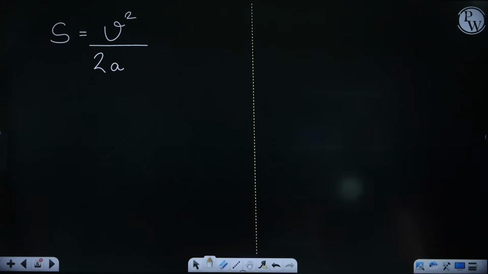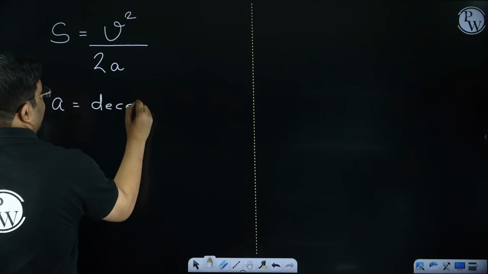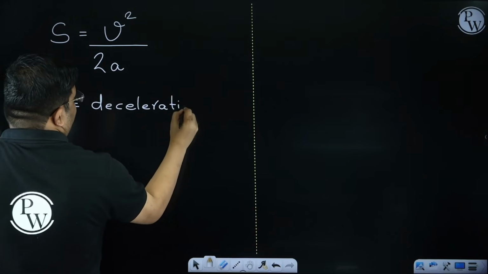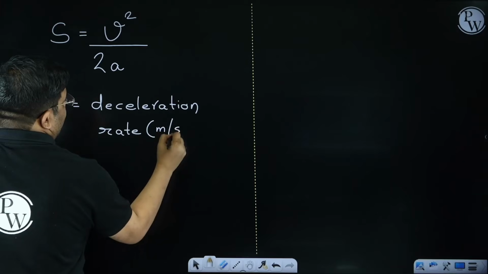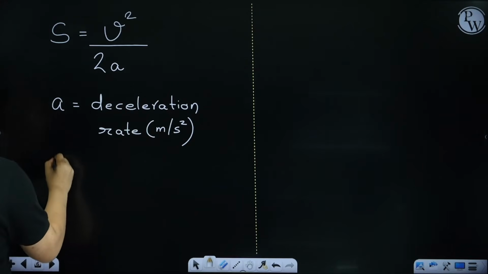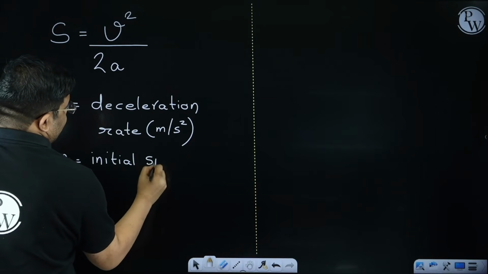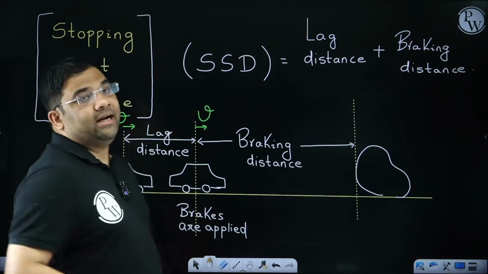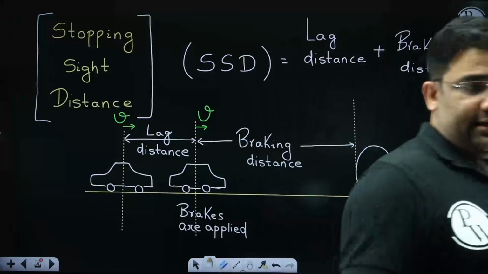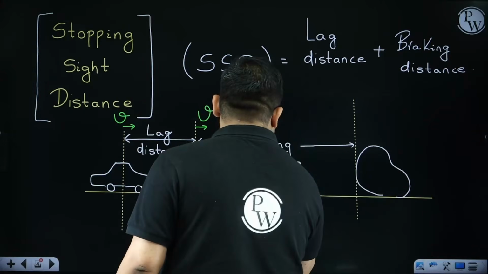This a is your deceleration rate in meter per second square, and this v is the initial speed. So s is the distance traveled. When the brakes are applied, the vehicle starts decelerating, the deceleration rate is a, and this is the distance traveled, s, or the braking distance.